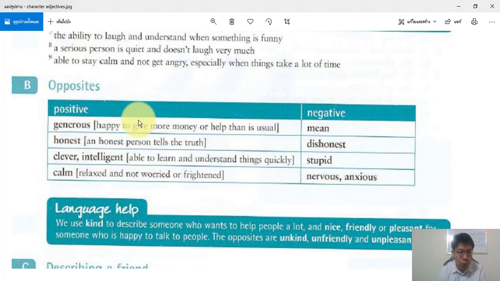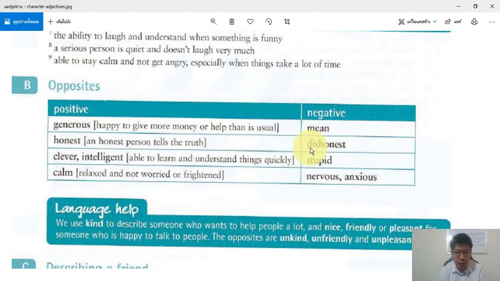Below here there are more adjectives, just like generous, the opposite of mean. Generous means happy to give more money to other people, but mean is not happy to give money to other people, like caring very much about money. Honest, an honest person tells the truth all the time, never lies.